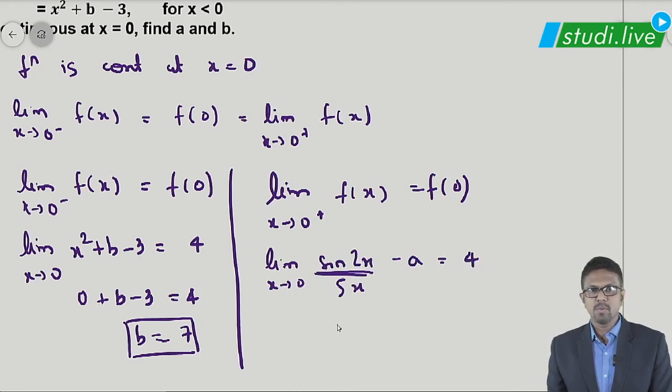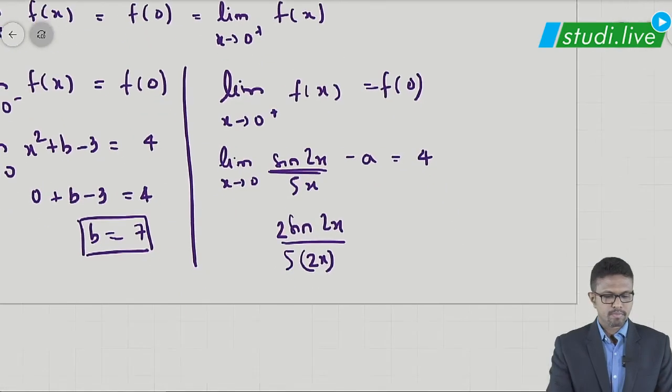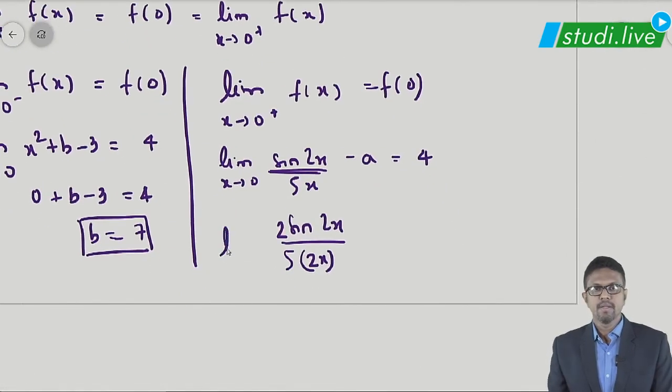So of course I will have to adjust the value over here. I want sin 2x upon, instead of 5x, I want it to be 2x. So I will multiply and divide by 2. This is limit x tends to 0, minus a is equal to 4.